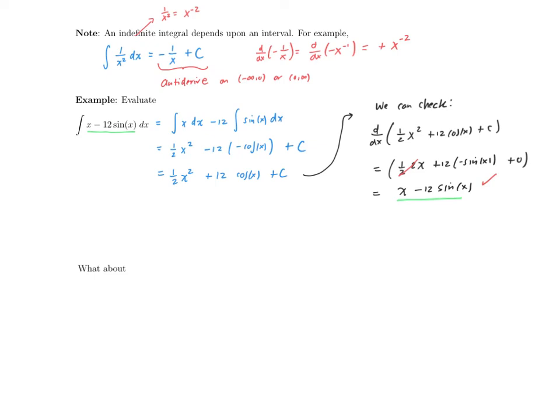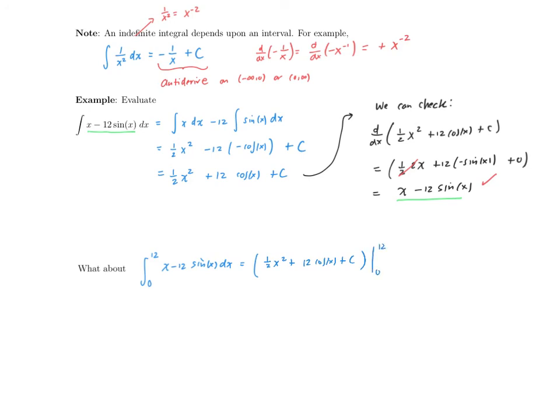So recall there is a very nice connection between an indefinite and a definite integral. For example, now that we've evaluated this indefinite integral, evaluating some associated definite integral is almost just an afterthought. We take our formula from above, the indefinite integral, i.e. an antiderivative, and we evaluate with the fundamental theorem of calculus. So 1/2 x squared plus 12 cosine x plus c is playing that role of big F in the fundamental theorem of calculus.